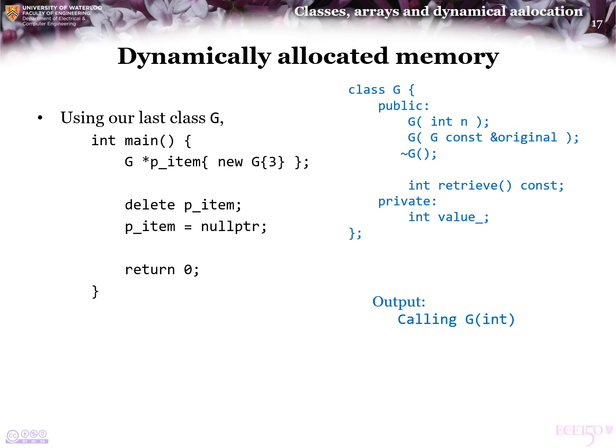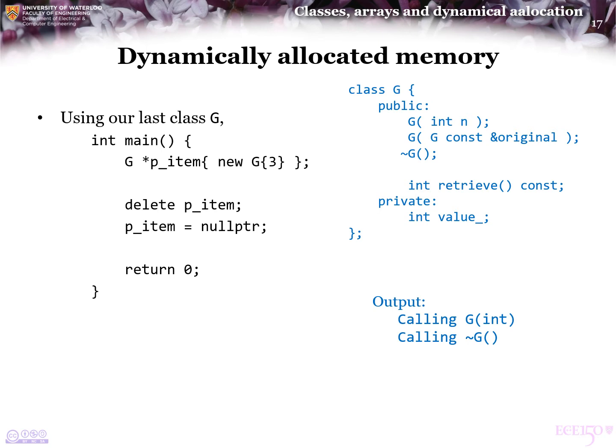So there is our call to the constructor. Next, immediately we call delete on p_item. This results in a call to the destructor, again scheduled by the compiler. The compiler first calls the destructor on that memory location, and once the destructor returns, then the operating system is given the memory back.